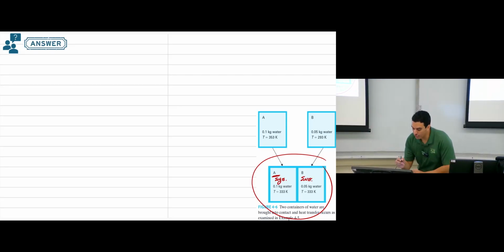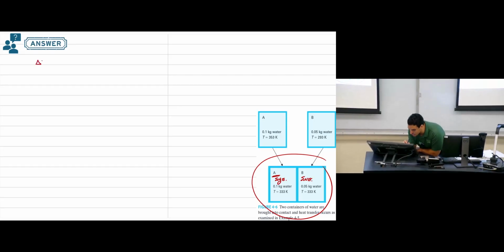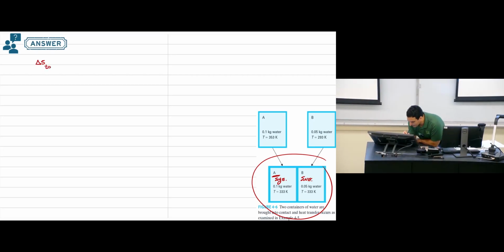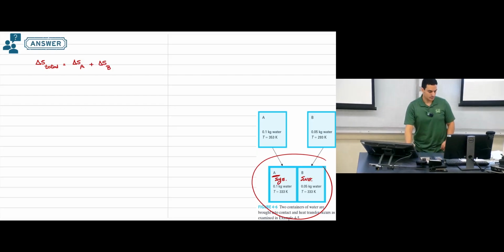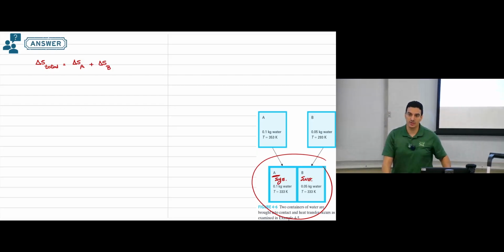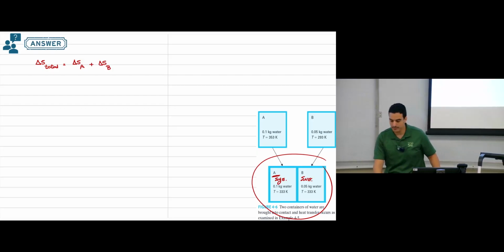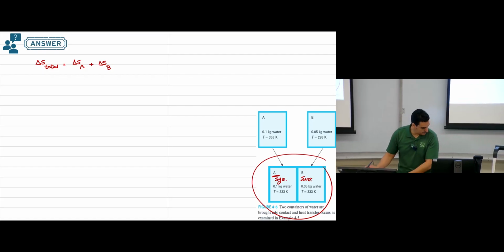So if you need to find the universe entropy change, it will be the entropy change at vessel A plus the entropy change at vessel B. And based on this value, we can know whether the process is spontaneous or not. Okay.